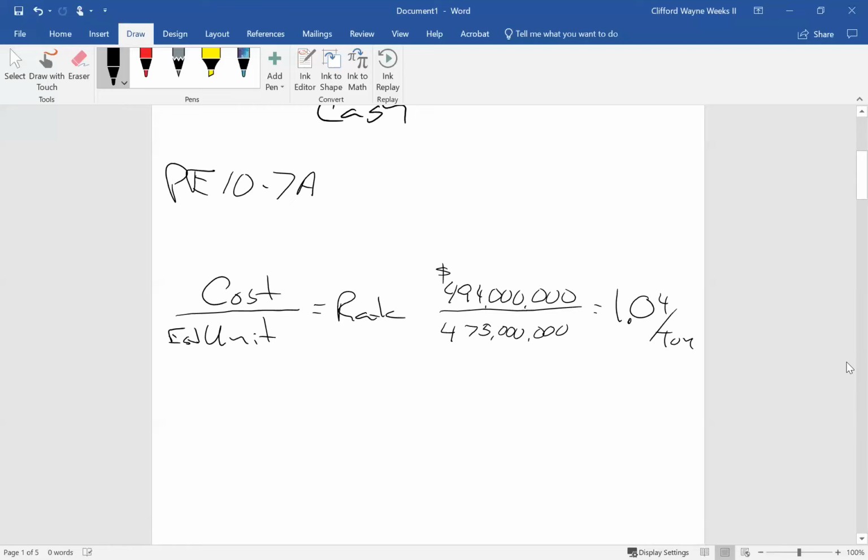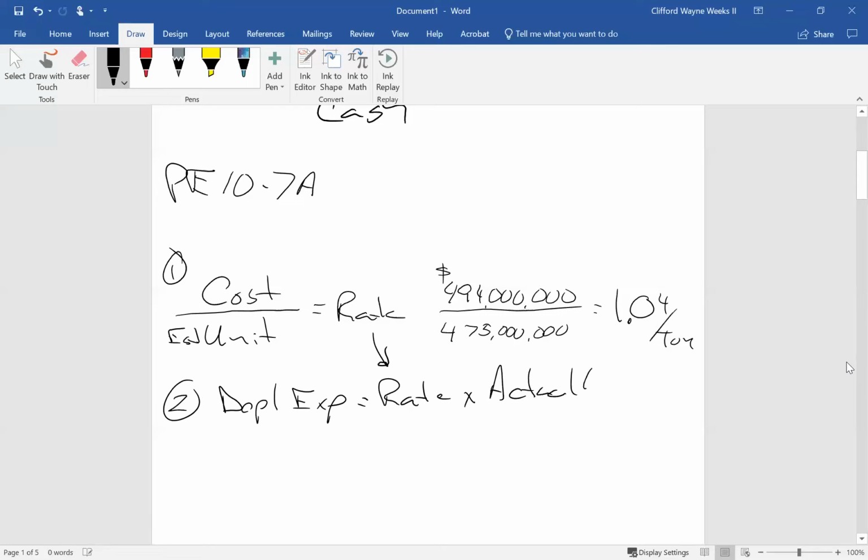If you remember, that was step one. Step two, because again, this is the units of production, we did a calculation very similar to this. In step two, it basically says, as we pull the tons out, we need to come up with the depletion. So the depletion expense is going to be our rate, from here, multiplied times the actual units.